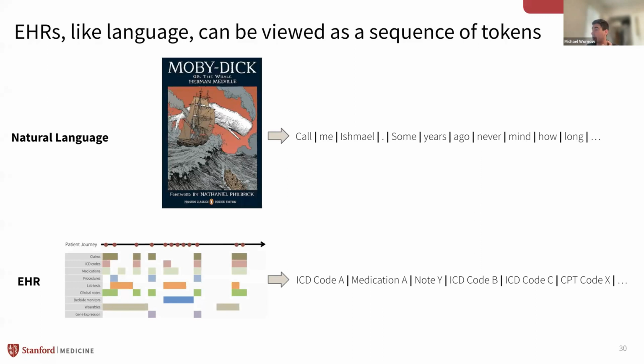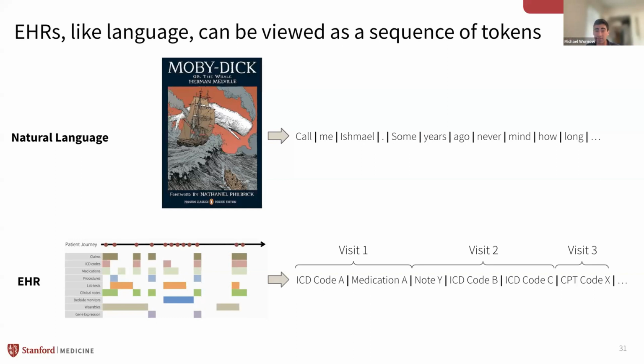There are definitely a few important differences to keep in mind between EHRs and text, which make the translation not 100% obvious. The first is that clinical events are grouped into what's called a visit. A visit is just the time period in which a patient is actually at the hospital. You can think of them as basically the equivalent of sentences.